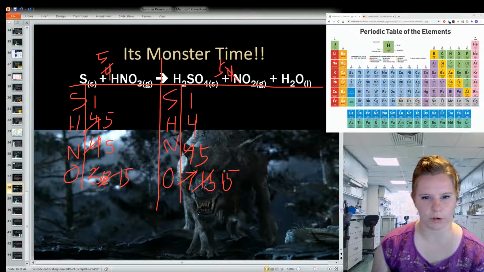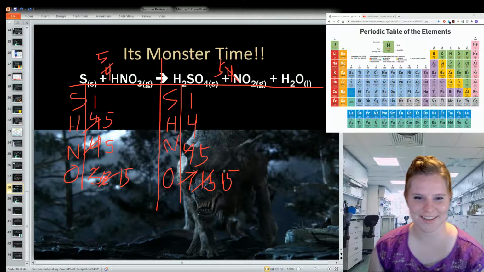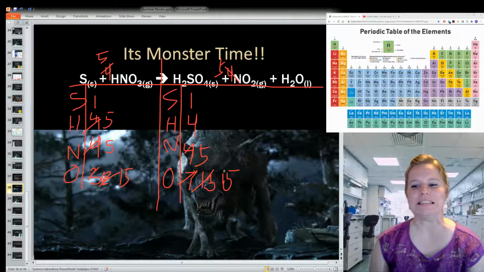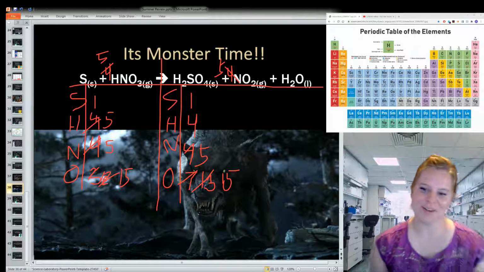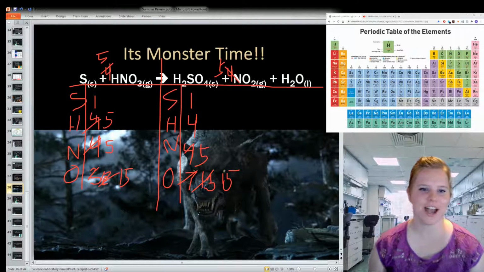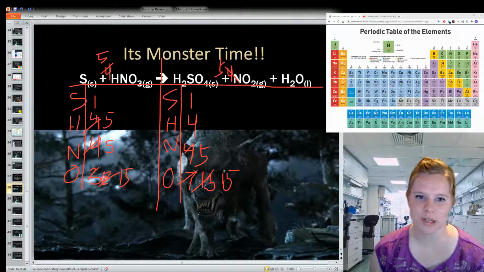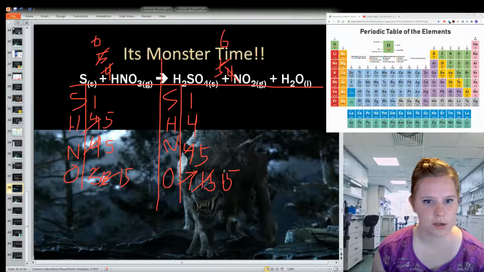Problem is, we're really close again, and there's just one thing wrong, and that's hydrogen. Hydrogen's not working. Again, problem is, if I want to change hydrogen, I have to change this one. So I'm just going to keep going up. Let's try a 6, which means I also need a 6 here. See what happens, all right? Still 1 S. Now we have 6 H's.